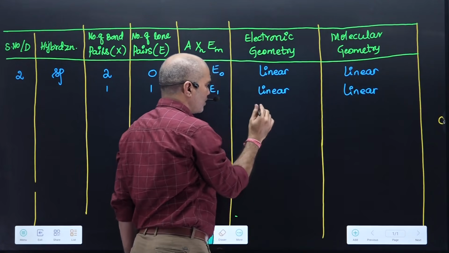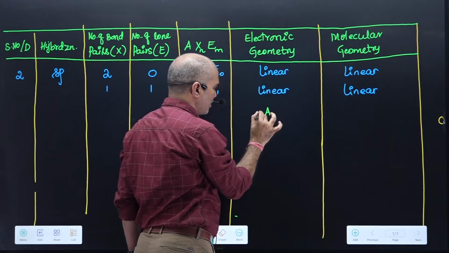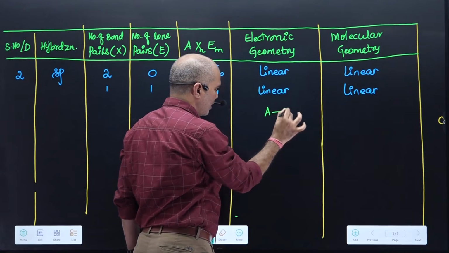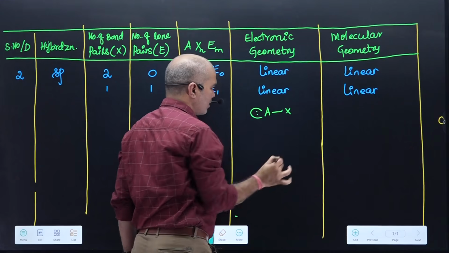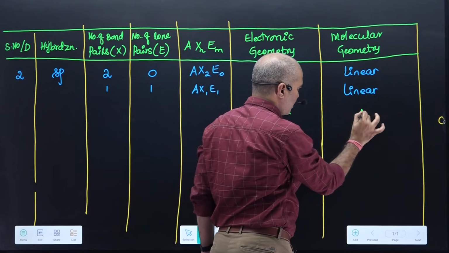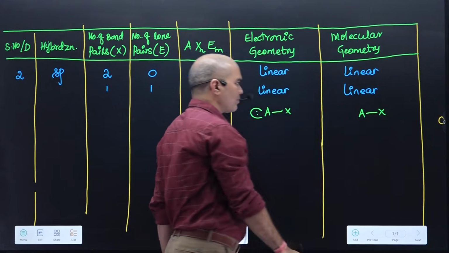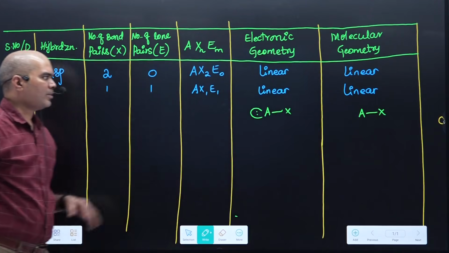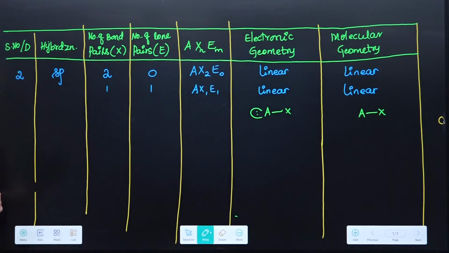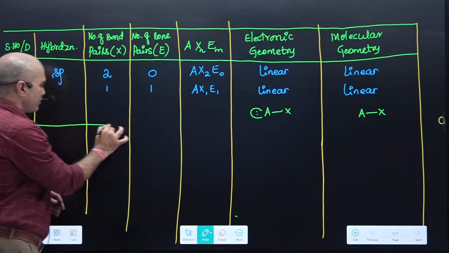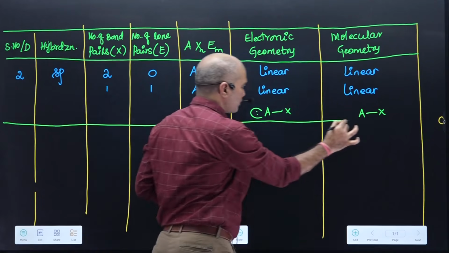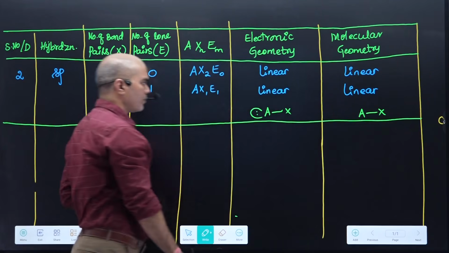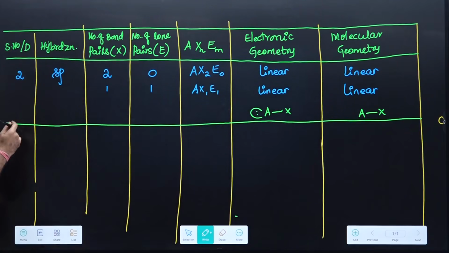For convenience, what I will do is I will draw geometry here. AX lone pair. AX. In the electronic geometry, don't draw lone pair.